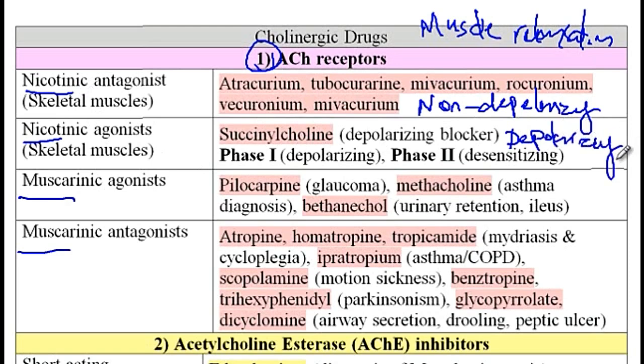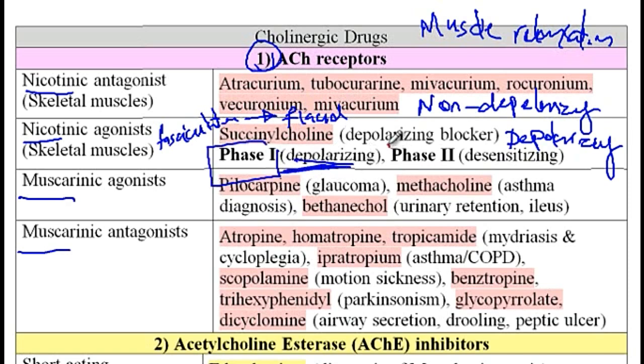And the way it works is that it overstimulates the nicotinic receptors, as a consequence of which it will cause flaccid paralysis. But before it does that, it will first cause fasciculations of muscles, and then later on it leads to flaccid paralysis during phase 1, which is the depolarizing phase.